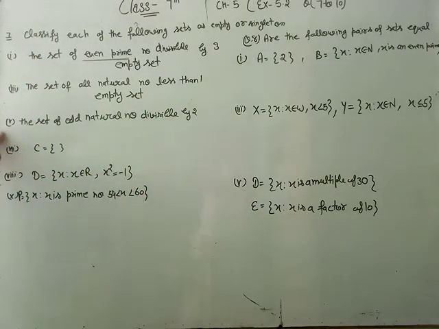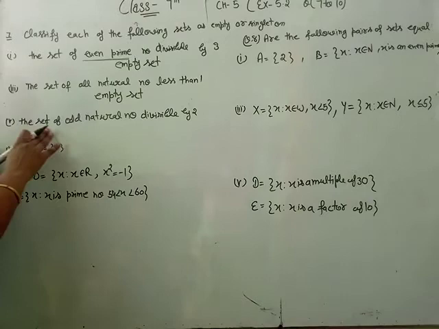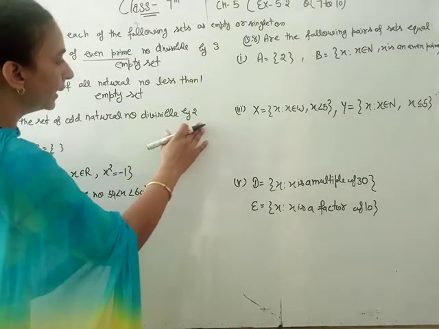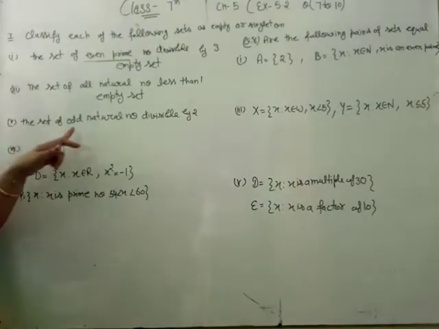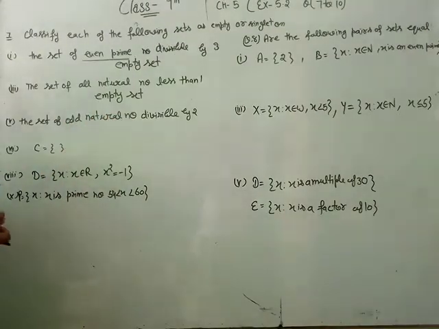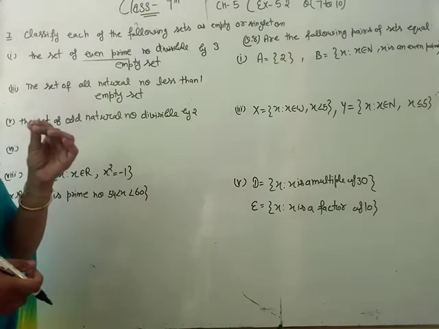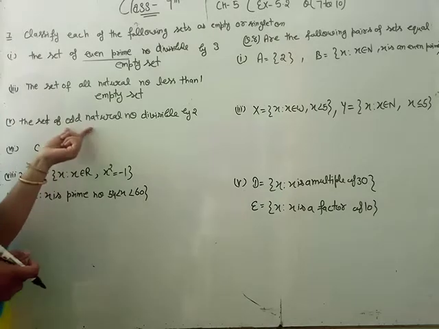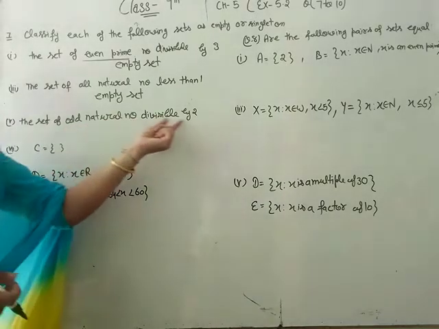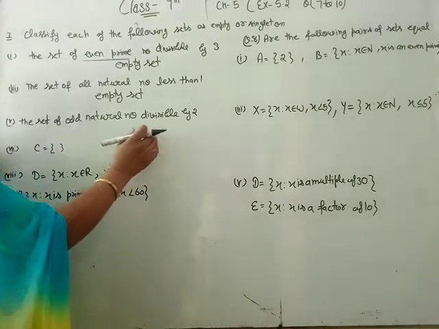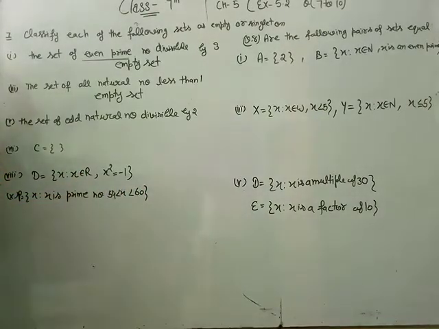The next is part number 5: the set of odd natural numbers divisible by 2. Odd means like 1, 3, 5, 7. Students, which natural number is divisible by 2 and is odd?